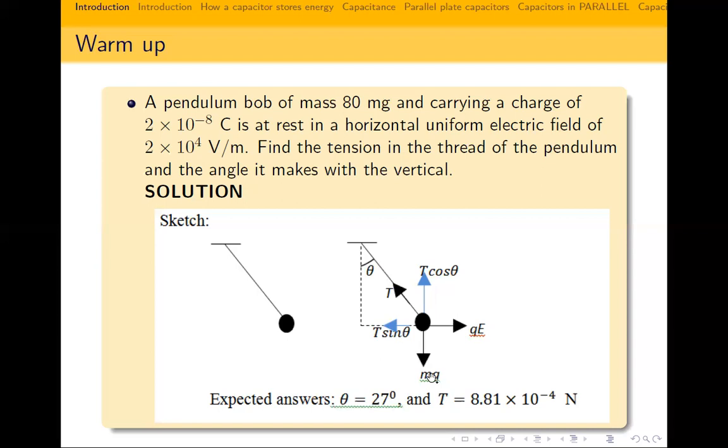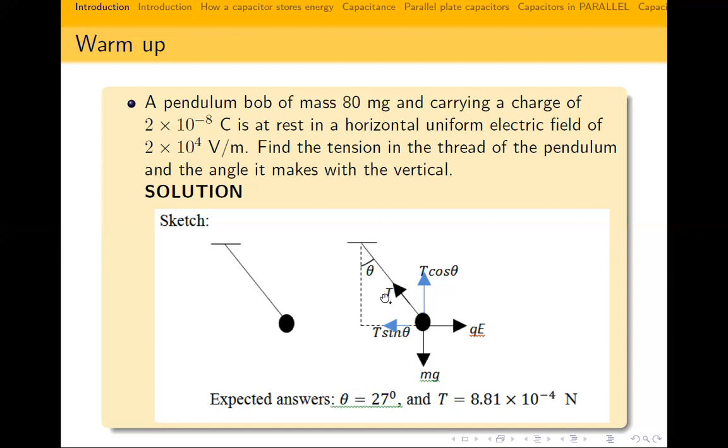So based on those two equations, you will be able to calculate theta. I think the question requires you to get theta and then calculate the tension. There are two equations and therefore you should be able to solve two unknowns, that is theta and tension.